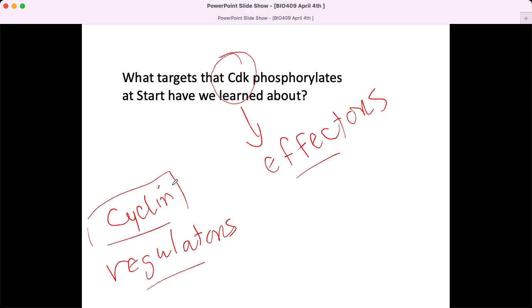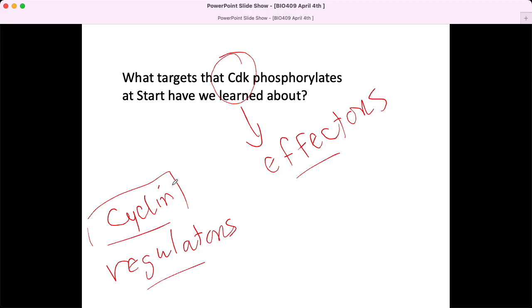So what are the targets that we learned about? These would be things that get phosphorylated at start. Can anybody think of one of those? Sounds like the nuclear envelope degradation. That's a good one, but no. Okay, let's go with Joe's, because that happens at the start of mitosis.